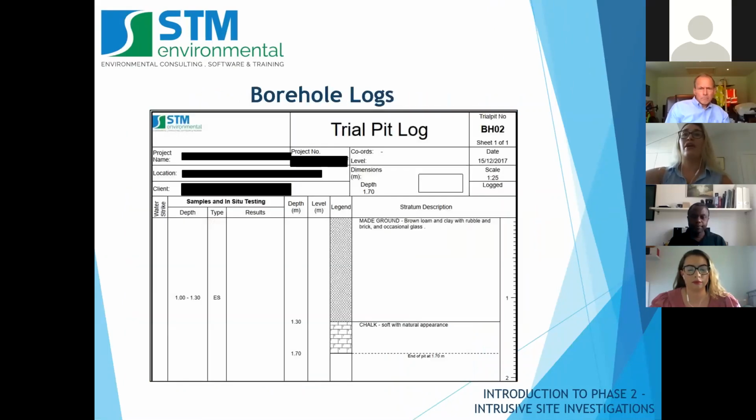This is an example of a trial pit or borehole log that was taken from one of the boreholes undertaken at the site. You can see that the made ground extends to 1.3 meters below ground level, and this is then underlain by the natural chalk strata that was encountered to the end of the borehole at 1.7 meters.